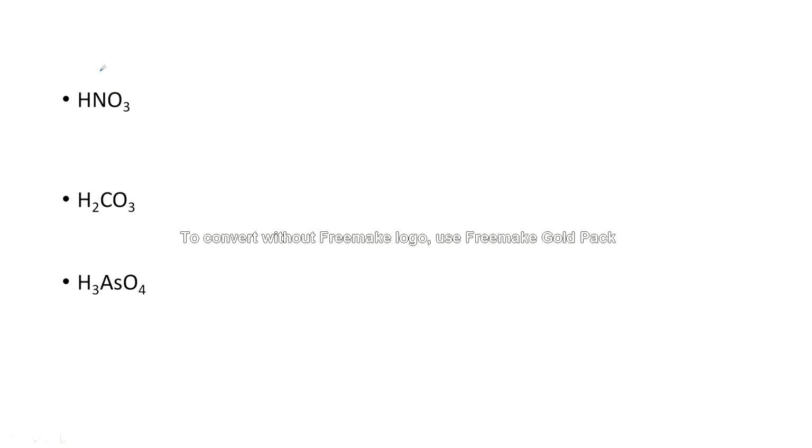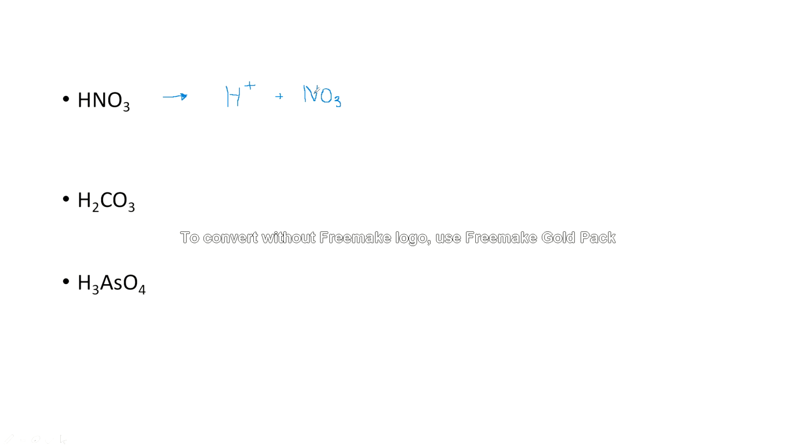Okay, so for nitric acid, that is our reactant, we're going to have the hydrogen ion, right? And then we are going to have the nitrate ion. There is only one hydrogen, there is nothing here.